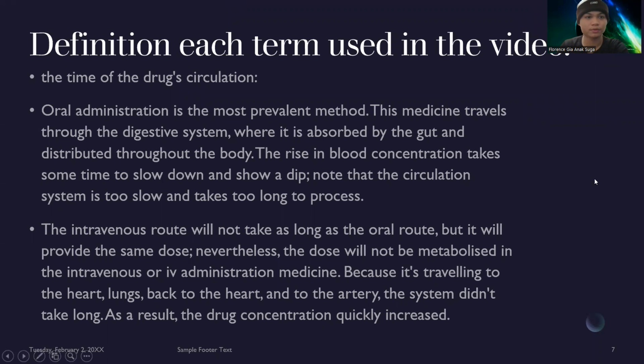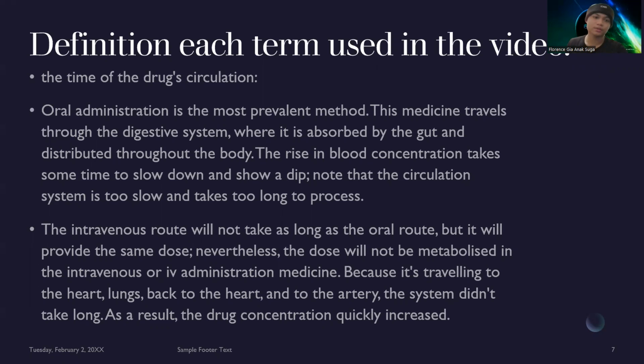Based on the video, oral administration is the most prevalent method. This medicine travels through the digestive system, where it is absorbed by the gut and then distributed throughout the body. The rise in blood concentration takes some time, and the circulation is slow and takes long to process. This is the definition of the time of drug circulation.